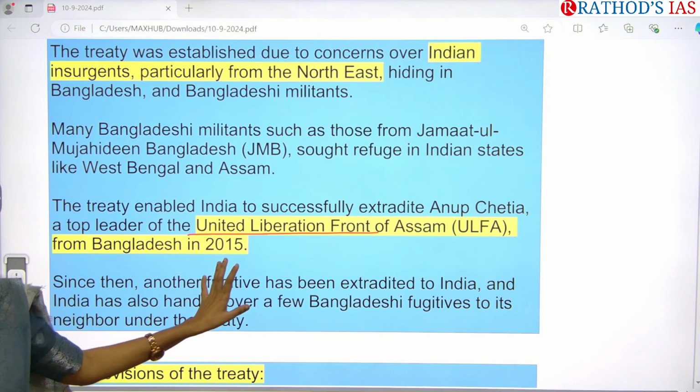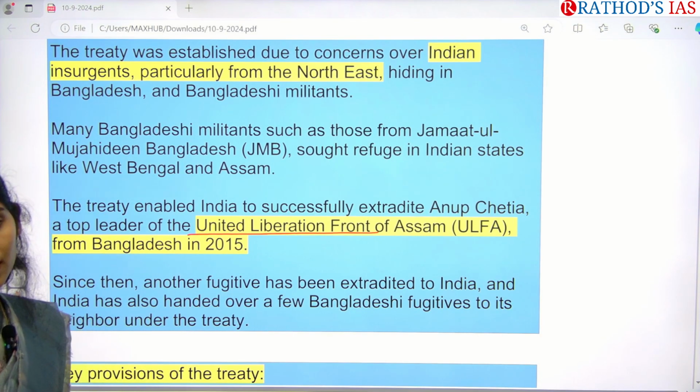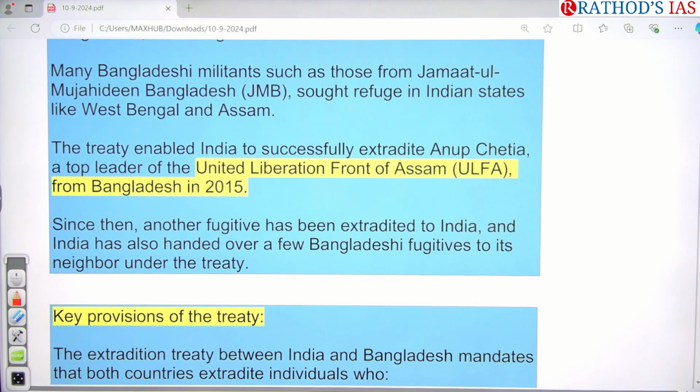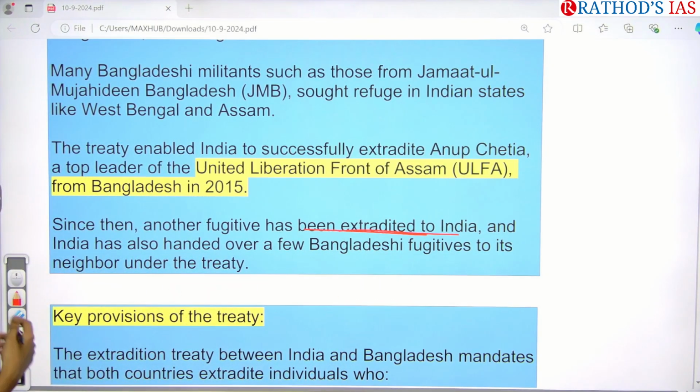One such organization is ULFA. The leader went and was residing in Bangladesh. At that time also, because of this agreement, we brought him back. Okay, so since we signed this agreement between India and Bangladesh, we are successfully extraditing these fugitives as well as criminals under this treaty. So this is about the success of this treaty.